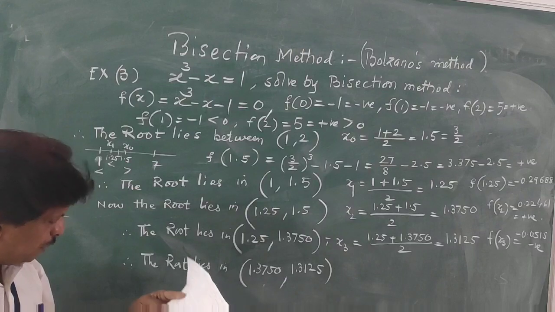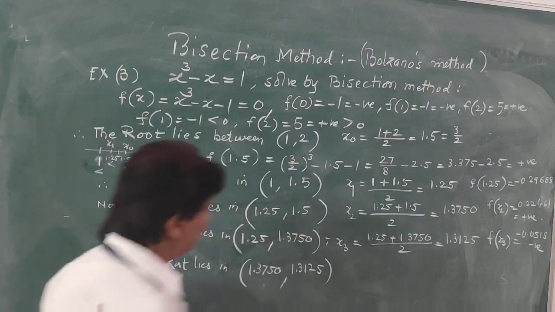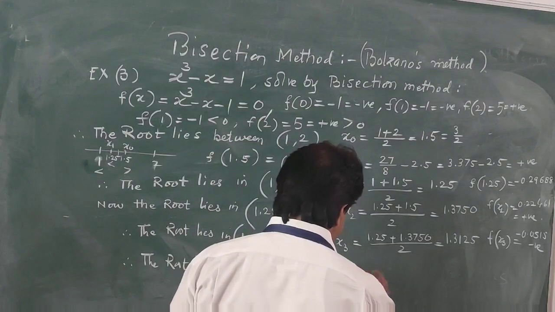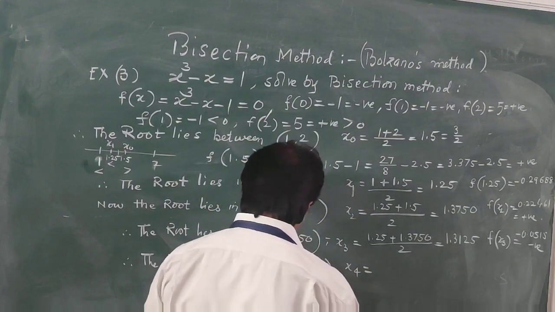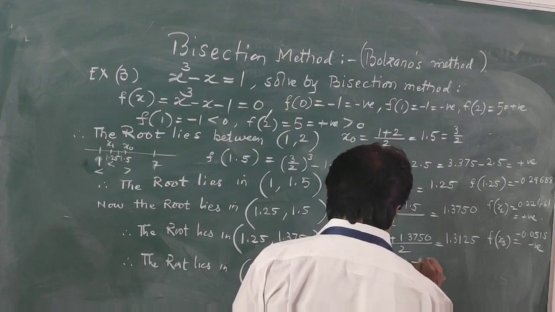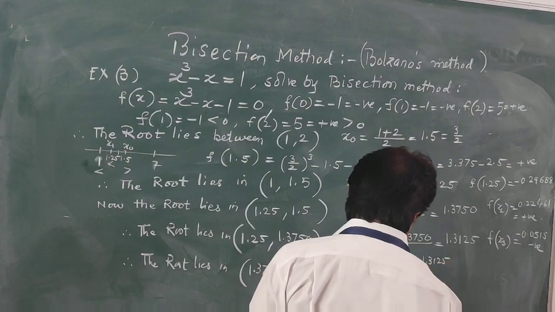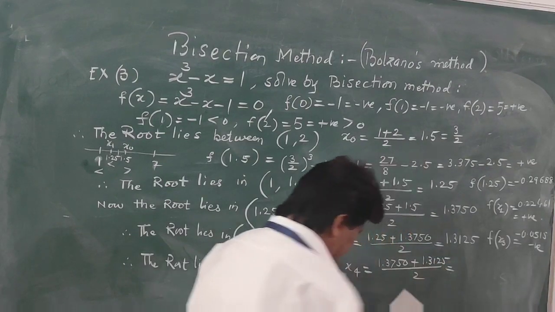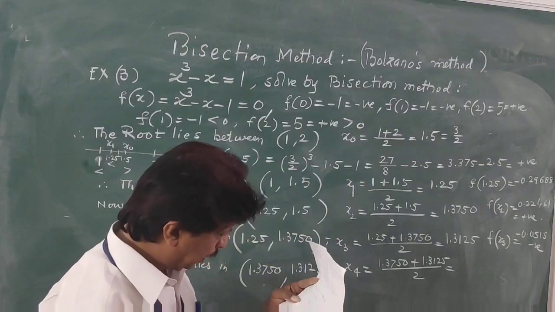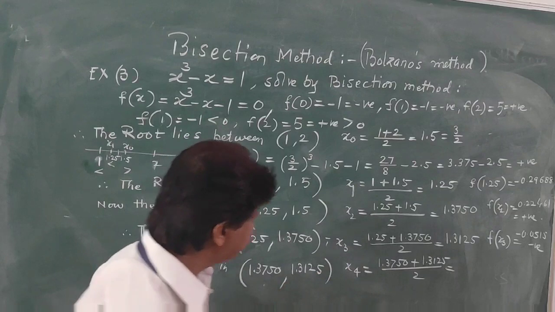Again, bisect this interval. The bisection of this is x4. x4 is the sum of these two divided by 2. 1.3750 plus 1.3125 divided by 2 comes out at 1.3438.